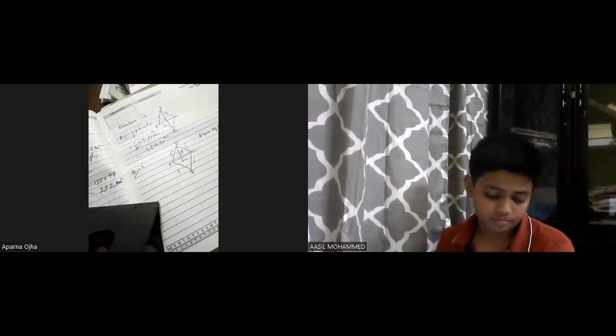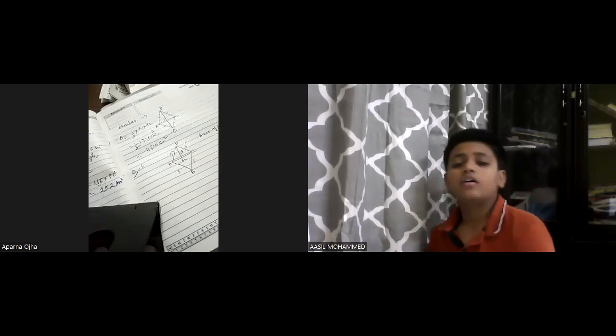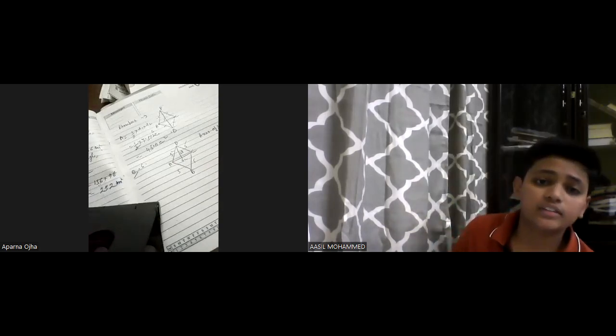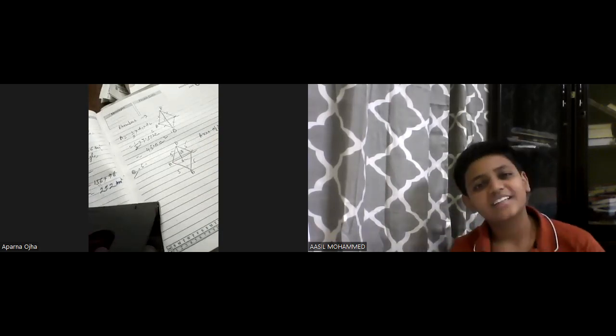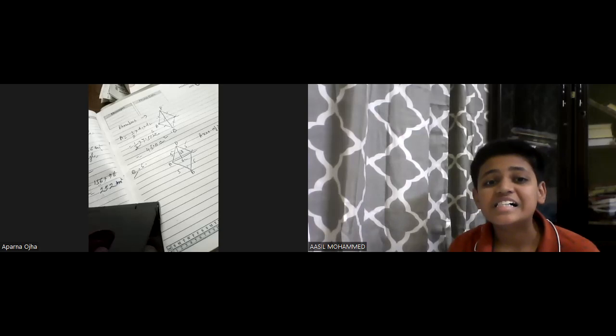Tell me, how can you do this question? The altitude is half of the second diagonal actually, right? So that means we have to find this also. We will multiply 2 by 4.8. How can you do?